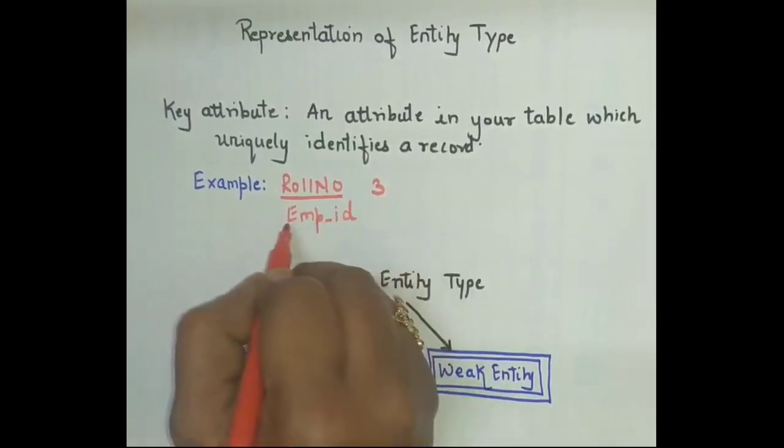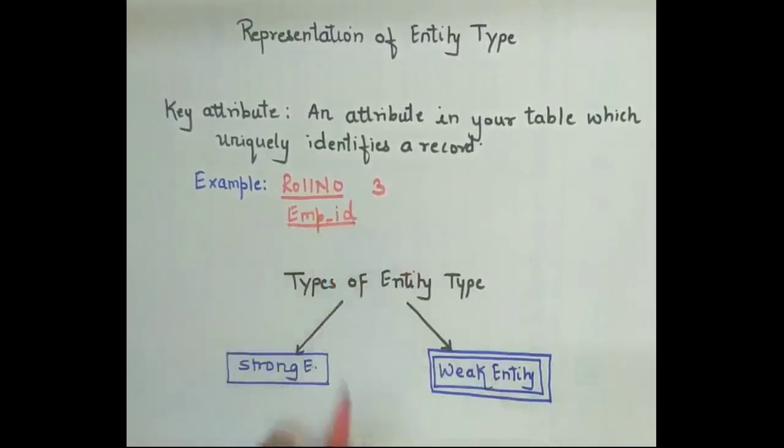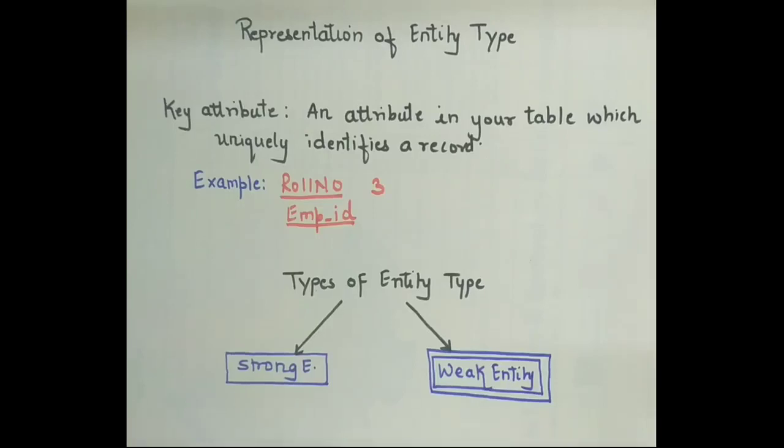Employee ID is unique for that particular employee table. In your entire company, employee ID 101 will be given to only a single person. The 101, only one, will be uniquely identified in your entire company. Similarly, 104, this employee ID is used to uniquely identify an employee in your entire company.